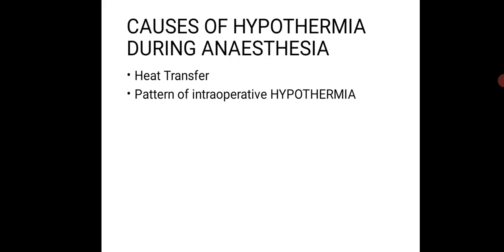Thus, the combination of increase in heat loss and reduction in heat production can explain a reduction in temperature by 0.5 to 1.5 degrees centigrade. Therefore, there is a decrease in core temperature, and this is generally observed during the first hour of anesthesia.